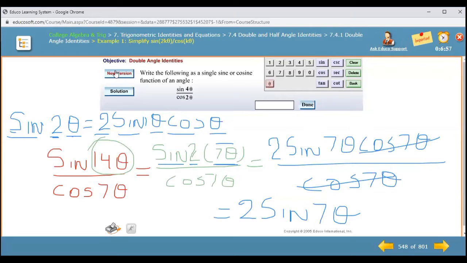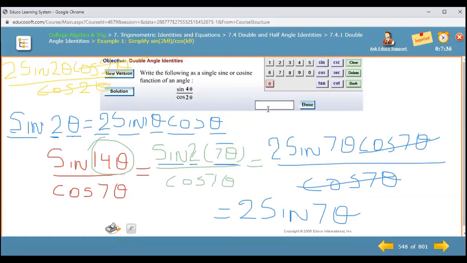Now, if you look at this, we have 4 theta. 4 theta means 2 times 2 theta. Now you can easily get the answer for this, 2 times 2 theta. So what you do is, in this case, you will write sine 4 theta, and the numerator will be 2 sine 2 theta cosine 2 theta divided by cosine 2 theta, and everything cancels out, and we are left with 2 sine 2 theta, and that's the answer.